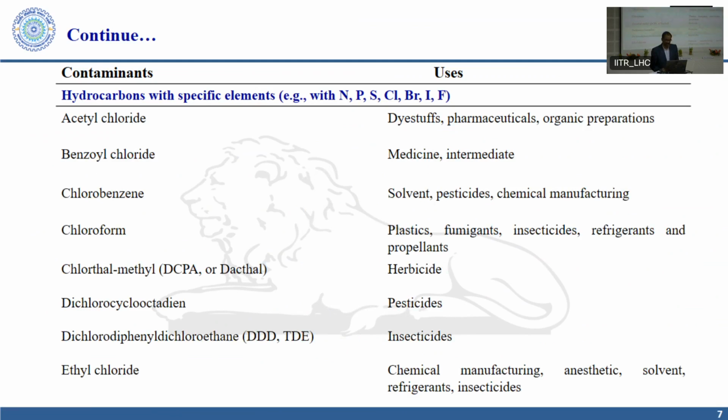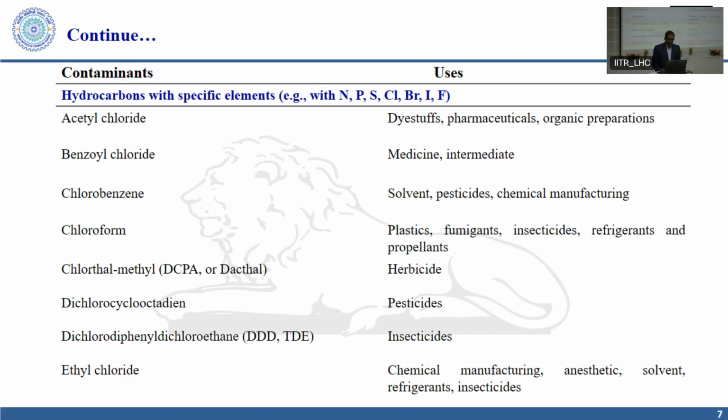Chlorobenzene is used for pesticide and chemical manufacturing. Chloroform is also used here: plastic, fumigants, insecticide, refrigerants. In most chemistry labs, chloroform is used for practical purposes by the students.